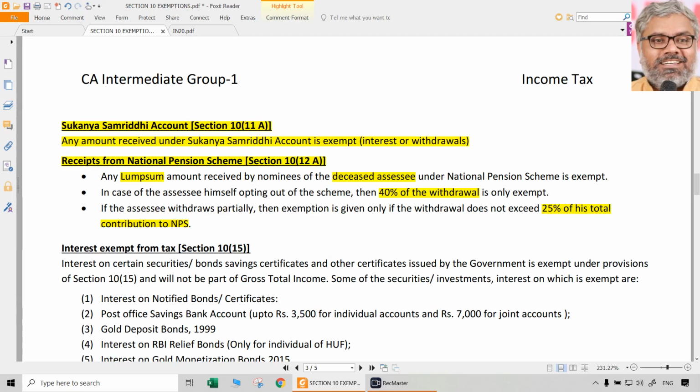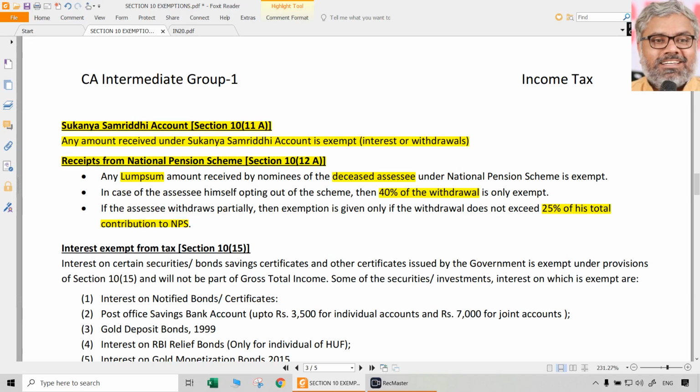So a lot of controversial things are there around this taxability of withdrawal. We don't know whether they will continue or not, but as of now, in general, you can say receipts from National Pension Scheme are exempt in case of deceased assessee, and in case the assessee is opting out of the scheme, then 40% of the withdrawal is exempt.